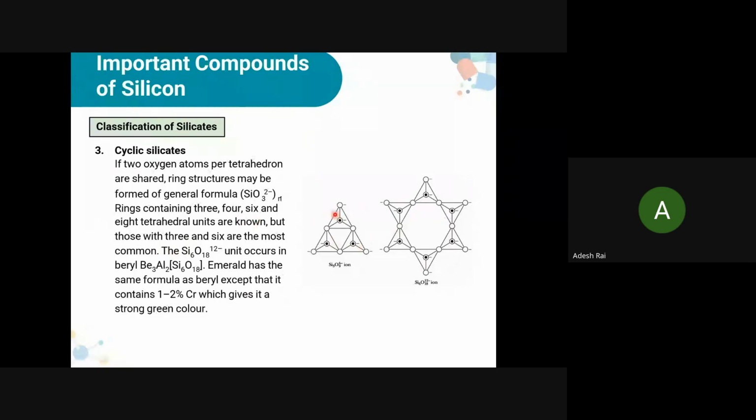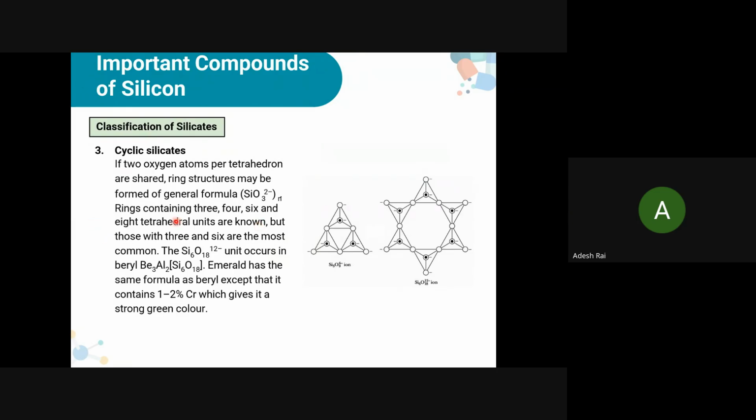Look, this is one unit tetrahedron. This is also one tetrahedron. This is also one. Total, how many tetrahedra are present in this case? Three tetrahedra. Can you see this? Three tetrahedra are present. In this, one, two, three, four, five, six. So 3 and 6 are the ones which occur mostly.